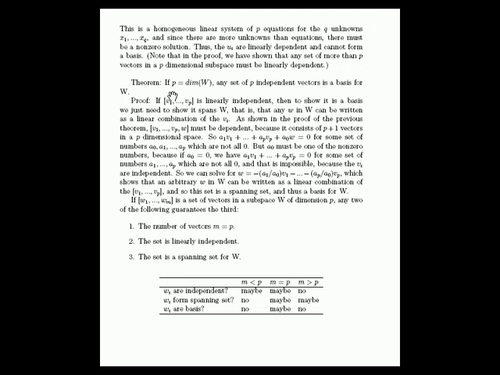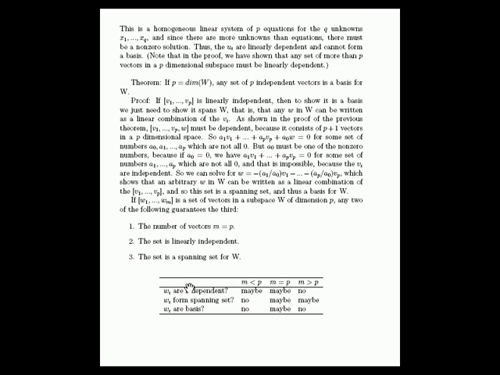Any vector in the xy plane can be written as a linear combination of any two independent vectors. The proof is a little complicated. We'll skip it, but it makes sense geometrically when you think about R2. And so let's say you have a subspace of dimension p. In our example of the xy plane, p would be 2.